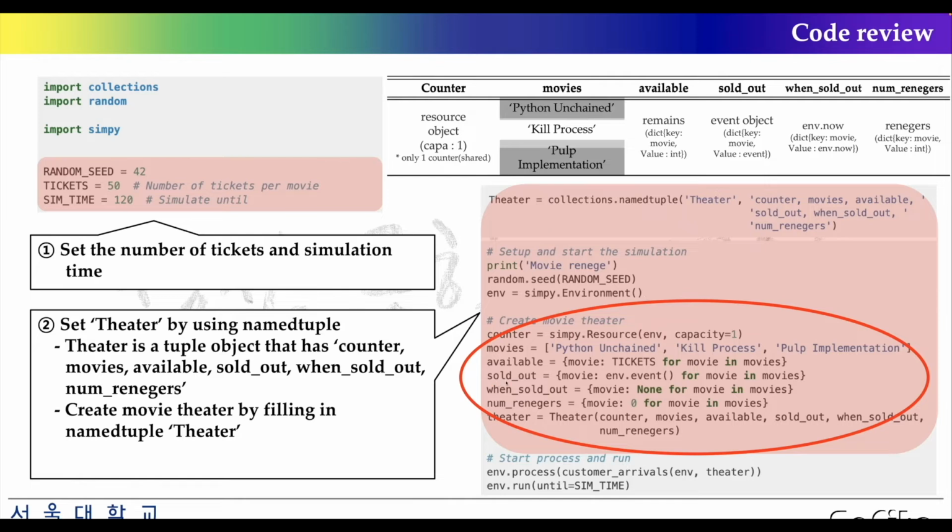And next one is sold out. Sold out is also defined as a dictionary variable with a key of the movie name, and each movie name is related with a shared event.